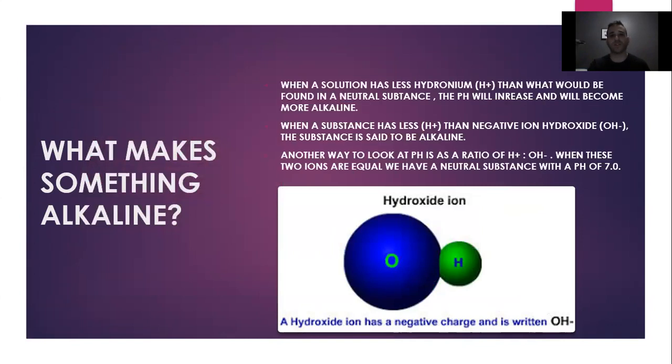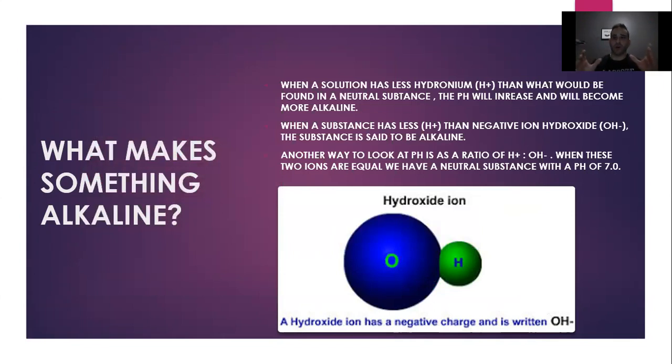When a solution has less hydronium, H plus, than what would be found in a neutral substance or water, the pH will increase and will become more alkaline. When a substance has less H plus than negative ion hydroxide, OH negative, this substance is said to be alkaline.